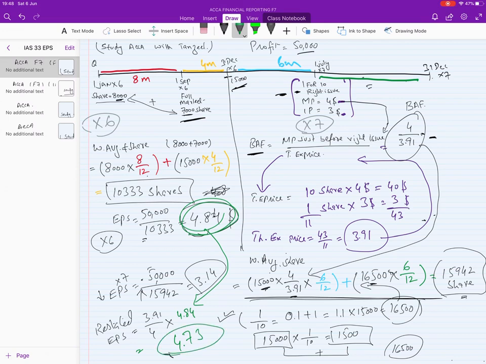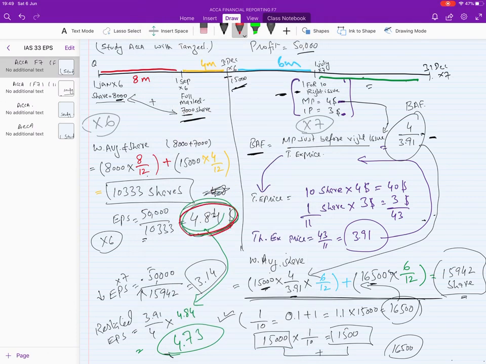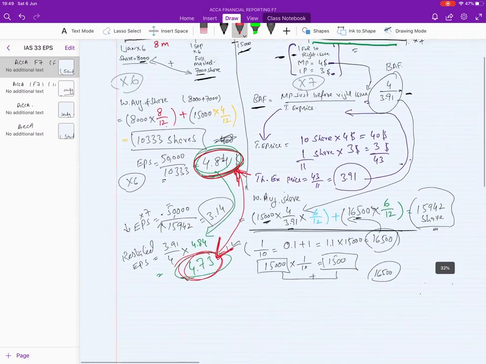So now you can see these values are quite similar. This is your like-for-like comparison. These two values are the same. So this is the way you calculate your EPS.